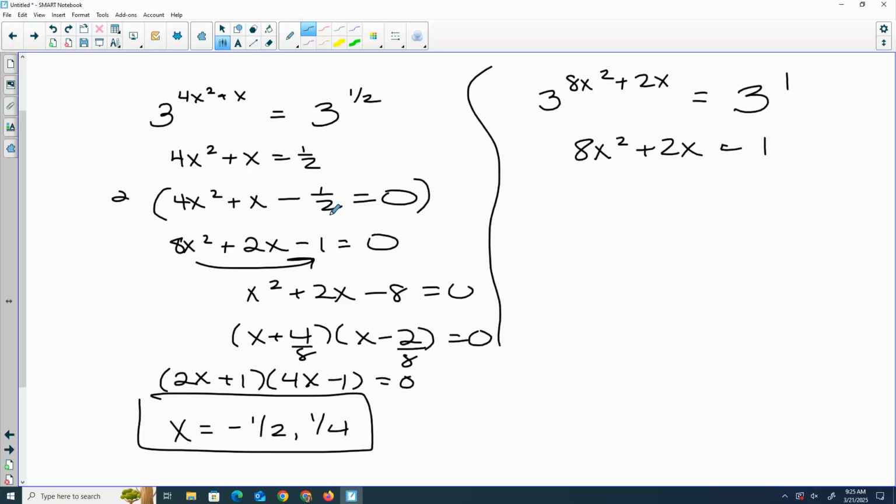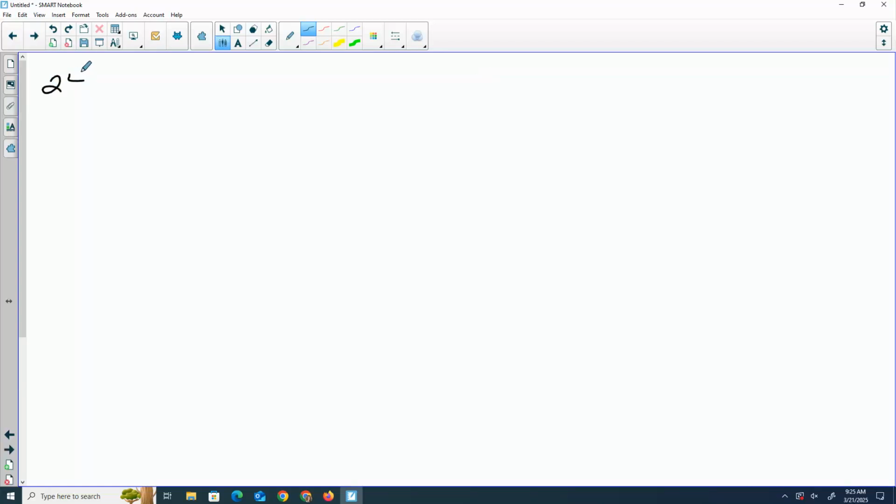Let's look at 24. So these fraction bases have seemed to cause a few more problems. Our strategy is still to get a common base.